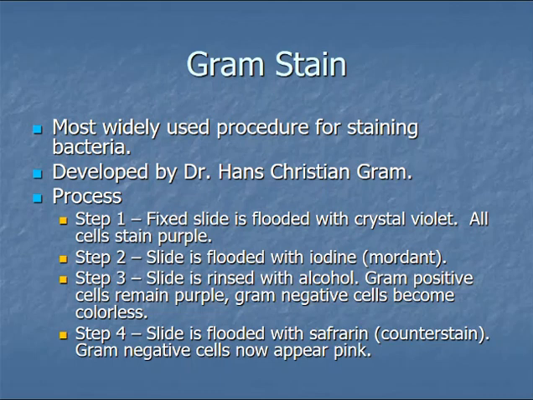And if we can find out if it's gram-positive, gram-negative, and then the shape and arrangement of that bacteria, then we can come a lot closer to getting an idea of what the bacterium is and what antibiotics would work for it. And so this is called a gram stain because it's named after Dr. Gram. And so no fanciness to the name. It's just named after the person that developed it.